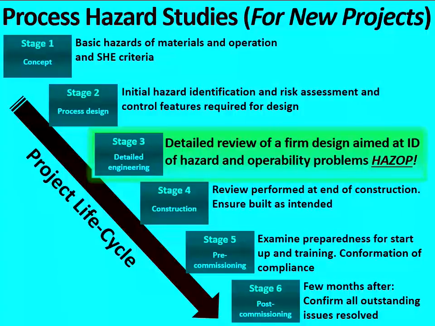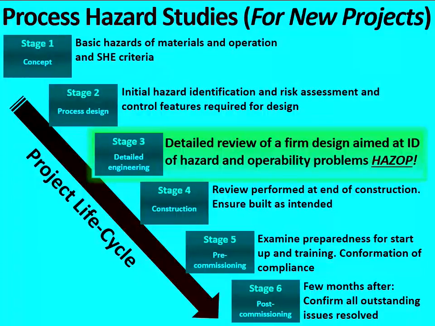Once you get to a detailed engineering point, so you've actually got detailed engineering information about the plant you're going to build, then you can do a HAZOP. HAZOP depends on that stage. It's ready to be built. You're going to start building it tomorrow. You've got all the designs, all the machinery, all the control equipment and everything like that. That is when you do a HAZOP on a new system. You also do HAZOP on old systems as well, but that's when you do it on a new system. Because after that, you start building it, and like I say, once you start building a plant, if you identify hazards, it gets very, very expensive to fix them.